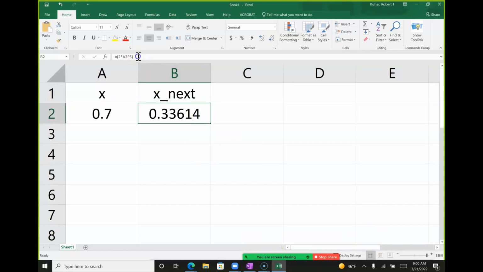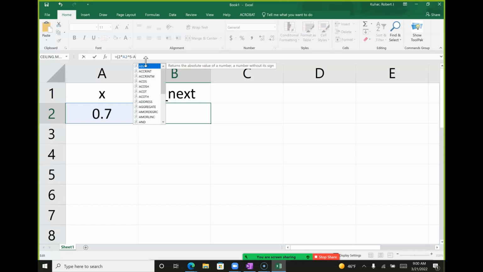Okay. X next. Better? So, yes. So, minus A2 squared. Minus A2 squared. Yes, I got it. Right? Plus 2 times A2.